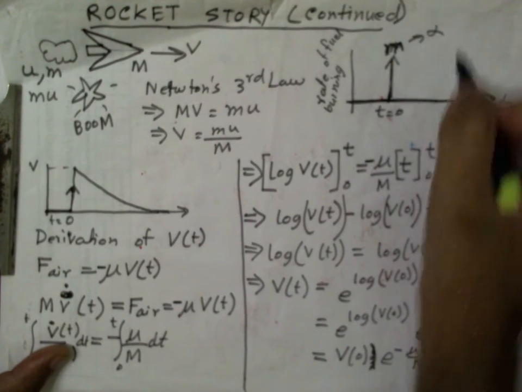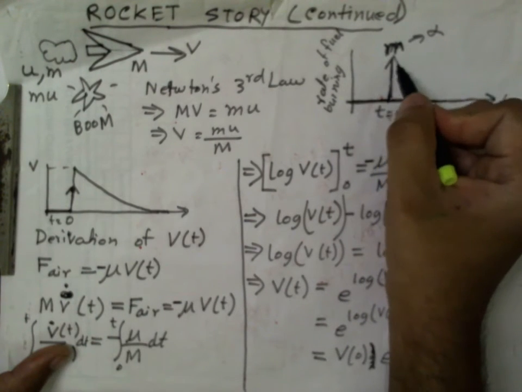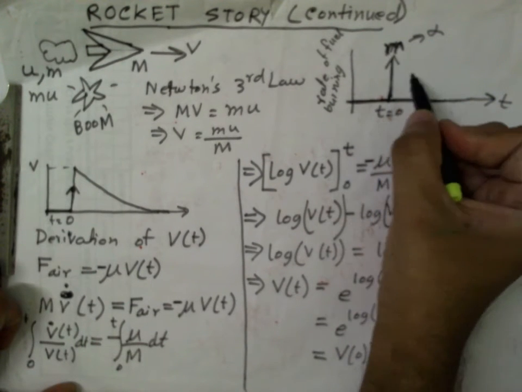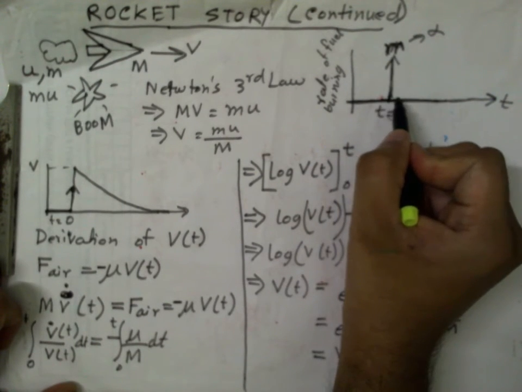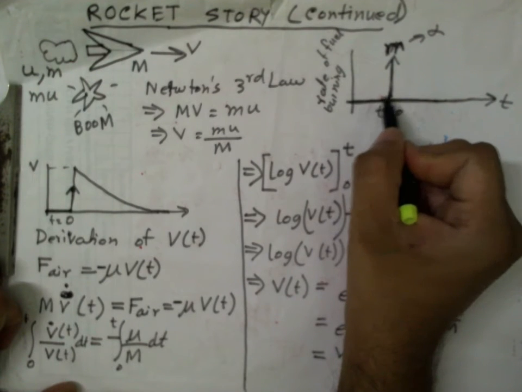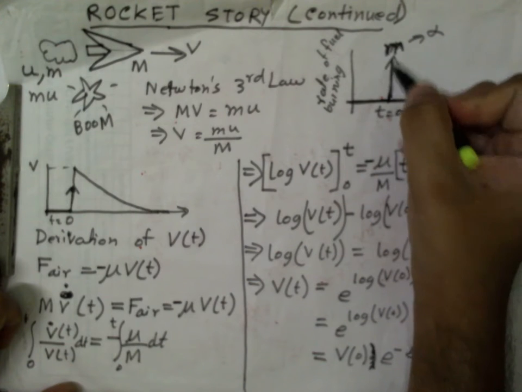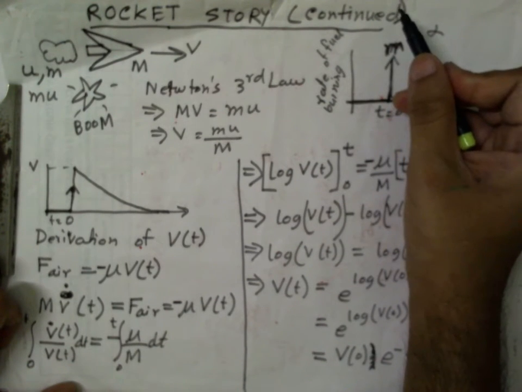So this goes to infinity, but the total amount of fuel which is burnt is a finite amount, that is equal to m. So the total amount is finite, but the rate of burning is infinite.